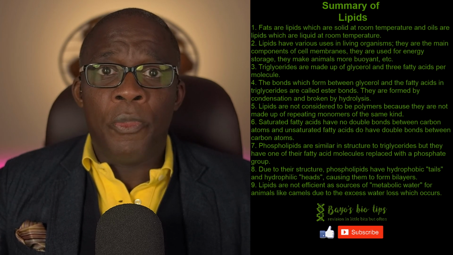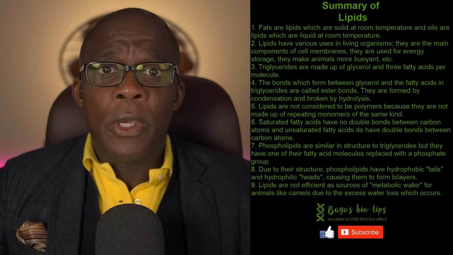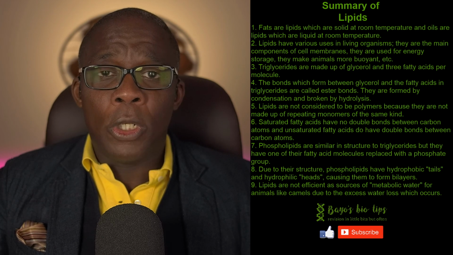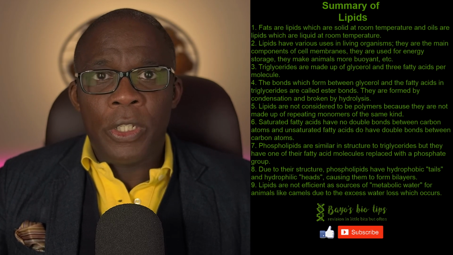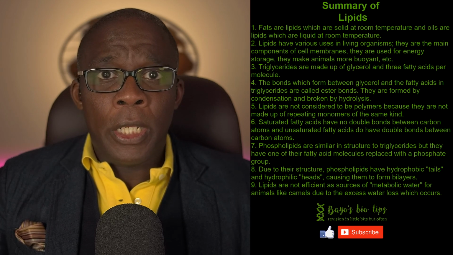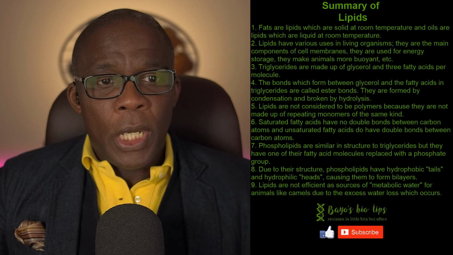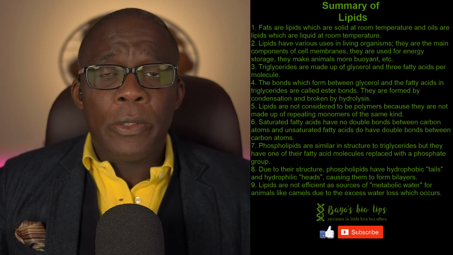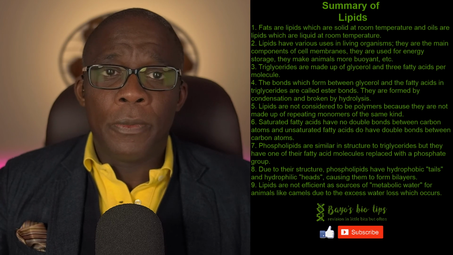You end up having to breathe more rapidly, and those increased breaths result in more water loss. So overall, there isn't really an advantage to using lipids, at least not from the point of view of trying to get more water from them. And so that's it really from the point of view of looking at the structure of lipids.